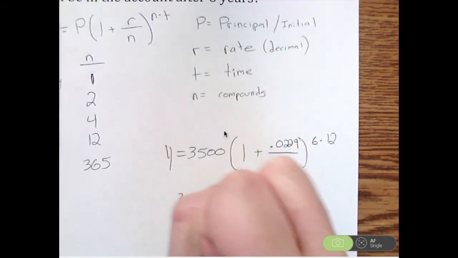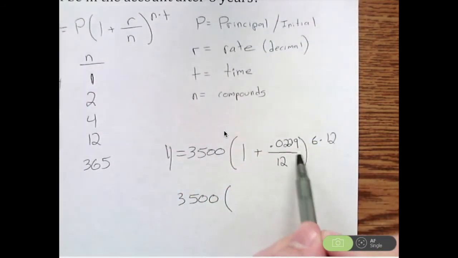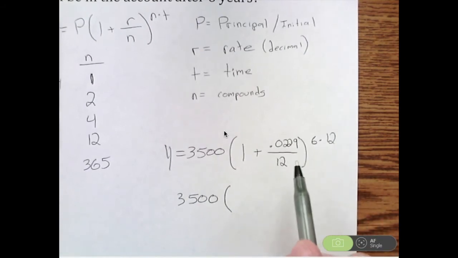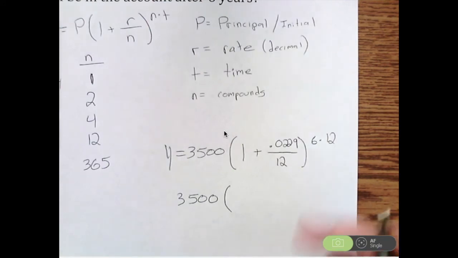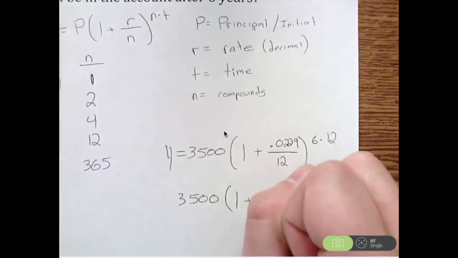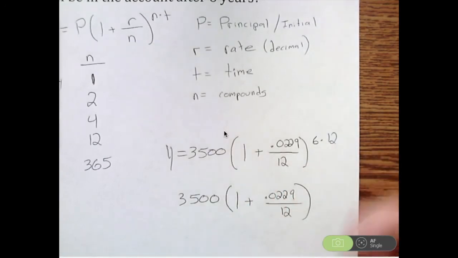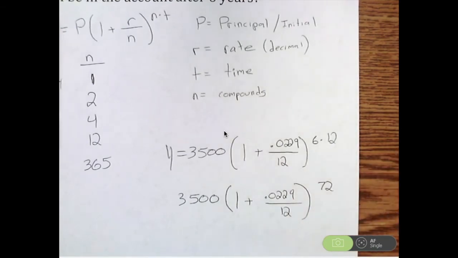Another thing you could do is divide these two and get a fraction. But the more you start doing that, you're going to start losing decimal places by rounding, and it's not completely accurate. So I usually leave the inside alone. But what I do like to do is figure out what that exponent is. So 6 times 12 is 72.